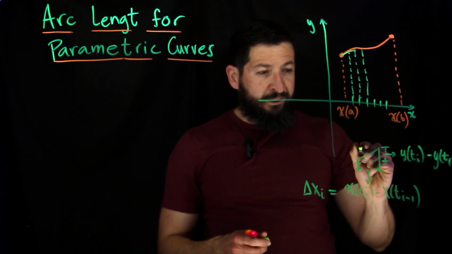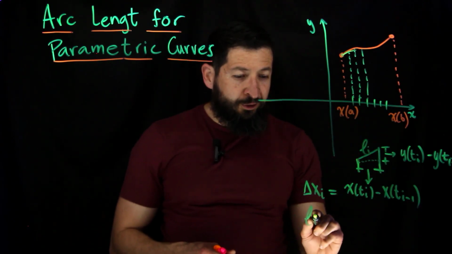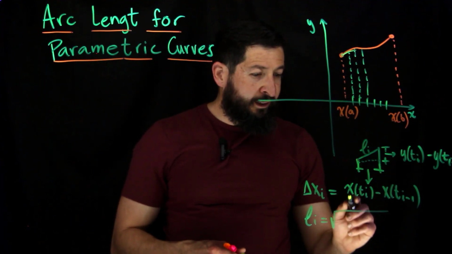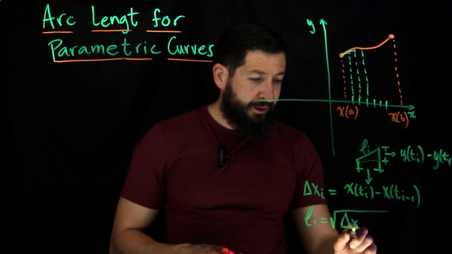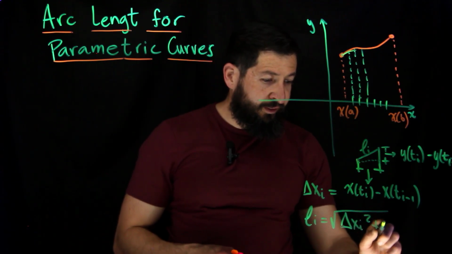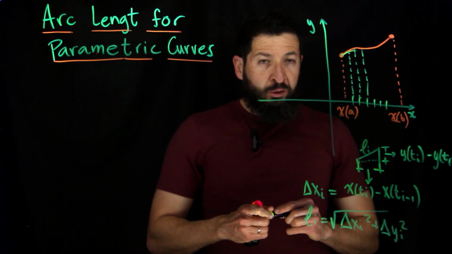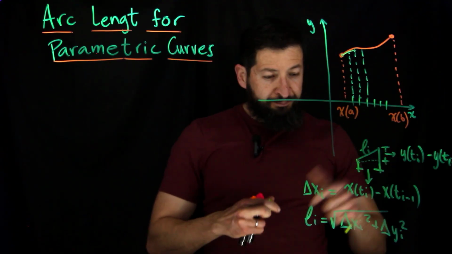So this length right here, let's call it L sub i. That L sub i is just going to be the square root of delta xi squared plus delta yi squared.